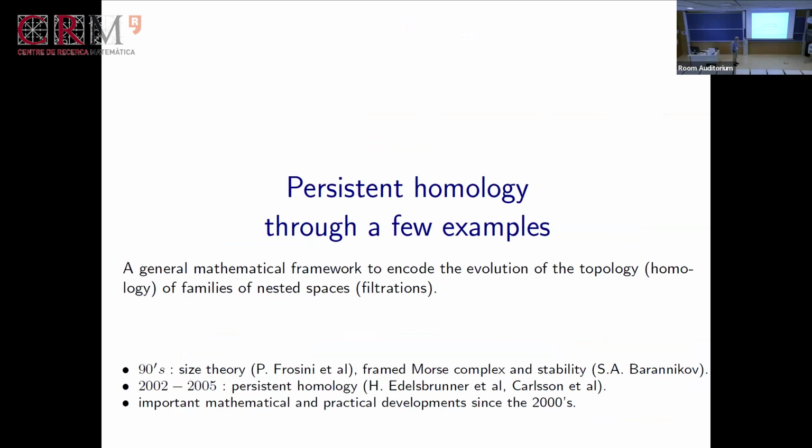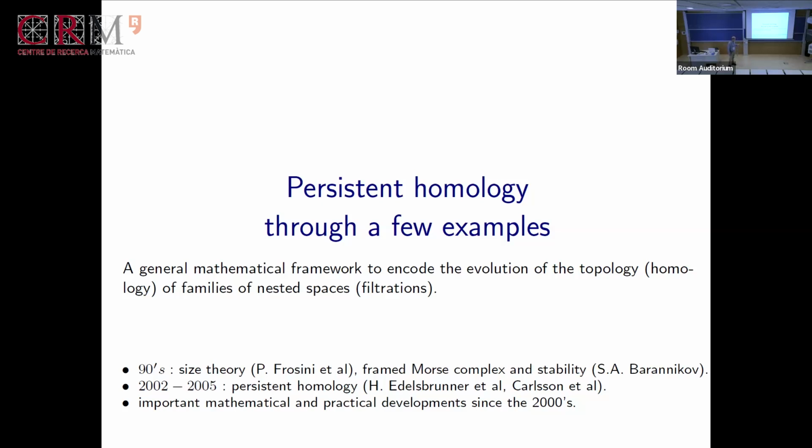Just a few words about the history of persistent homology, a very short history. It was formalized about 20 years ago, mostly by Herbert Edelsbrunner's group at Duke and Gunnar Carlsson at Stanford. But in fact, there was some kind of prehistoric version of persistent homology already existing since the 90s, in the previous century.